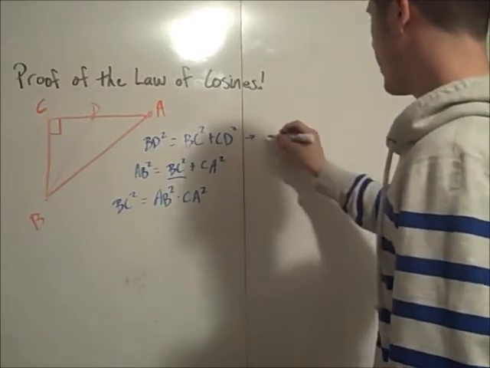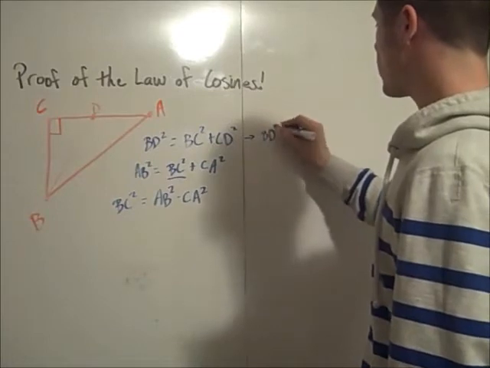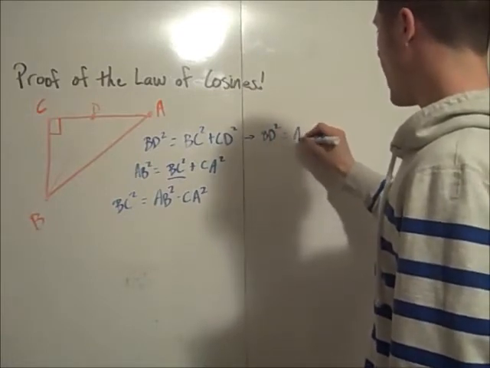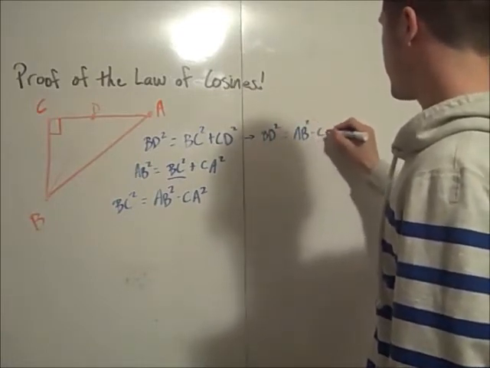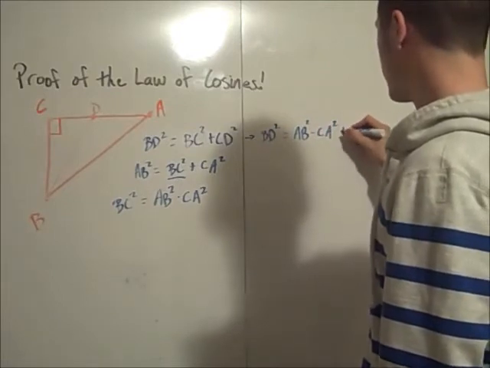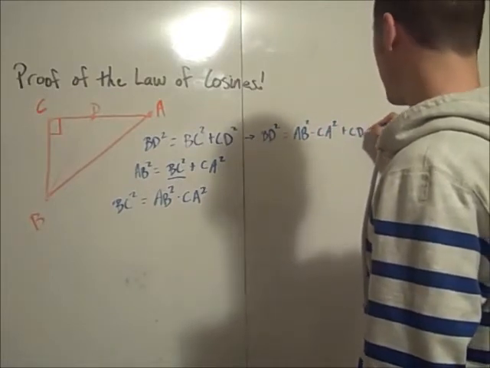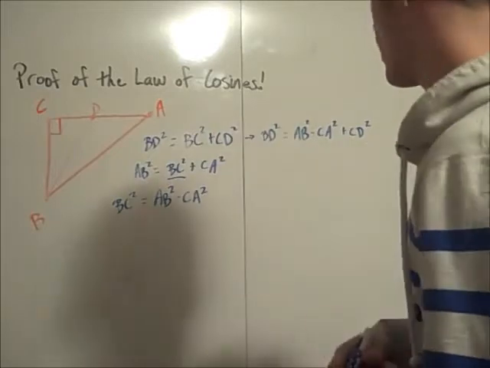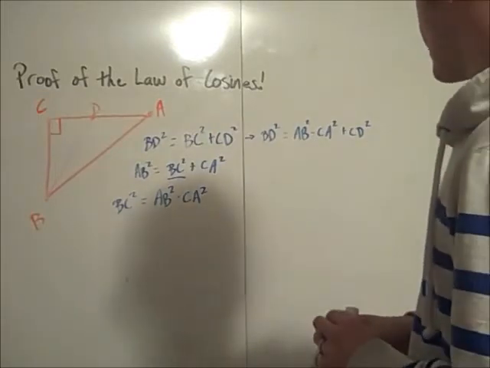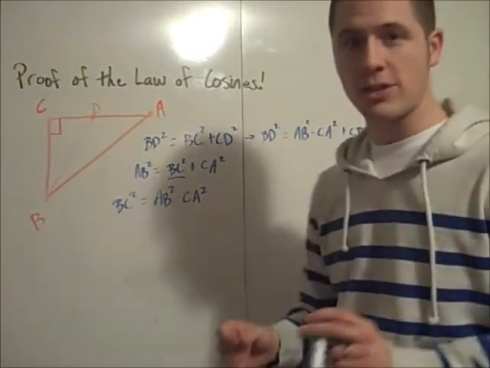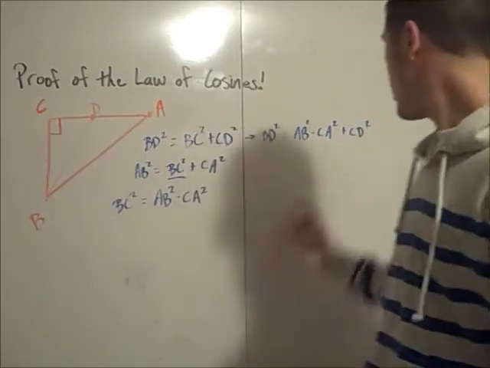So what I'm left with is BD squared is equal to AB squared minus CA squared plus CD squared.